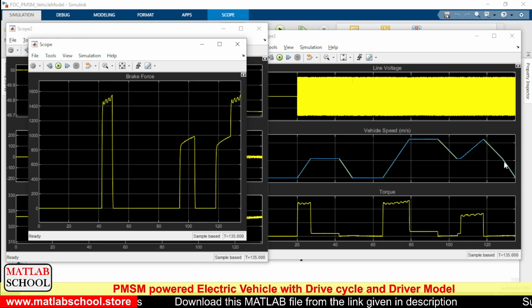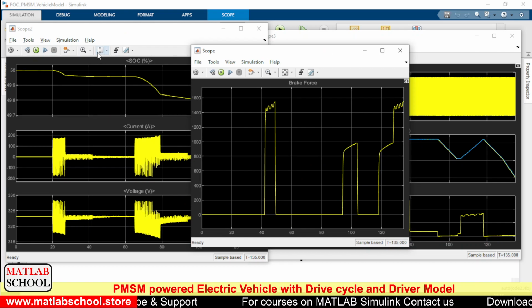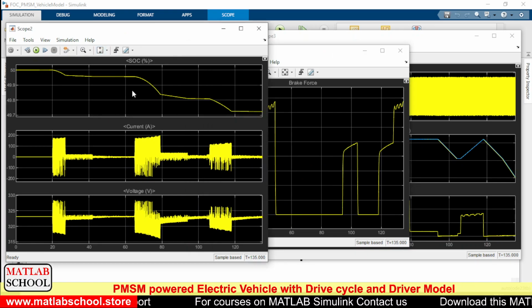Again the slope of deceleration is decreased further, so we need to have improved braking there. So as per the requirement, here we have a higher value of braking. So this is the SOC of the battery, and this is the current of the battery, and this is the voltage.